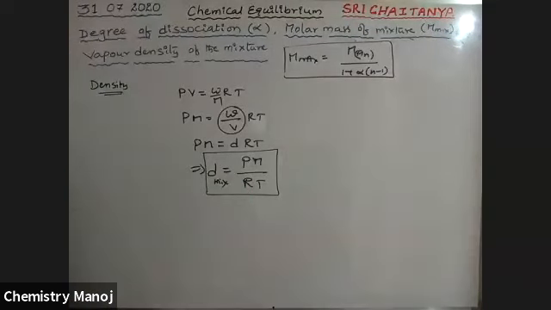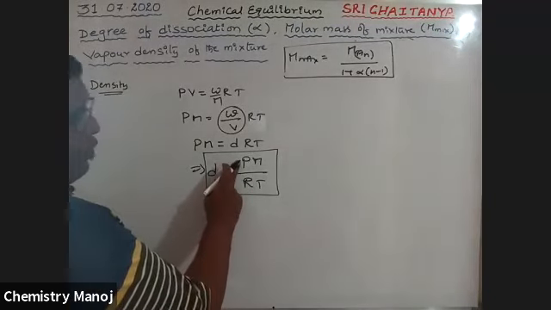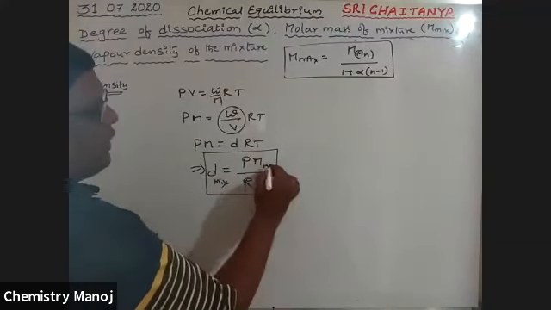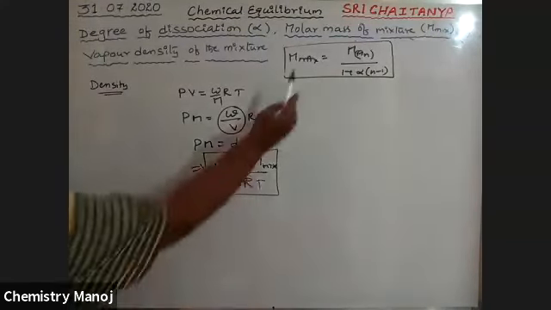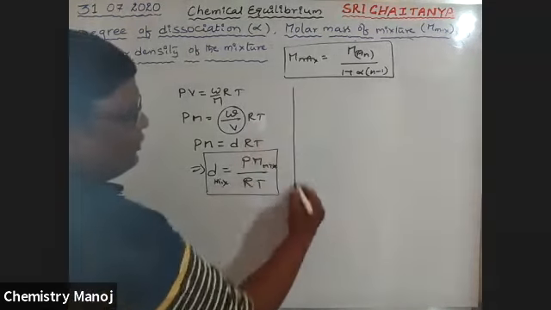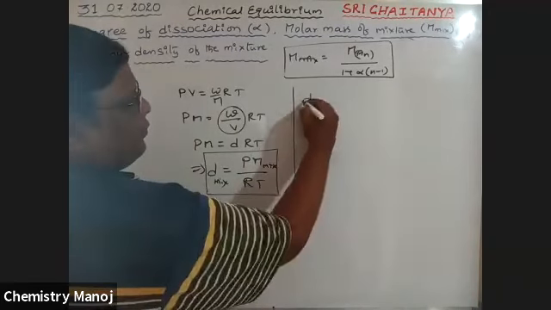But I am trying to calculate the density of the mixture. Density of the mixture is equal to the total pressure of the gas mixture into the molar mass of the mixture, by RT. It is the formula used to calculate density. Okay, now let us consider small d.